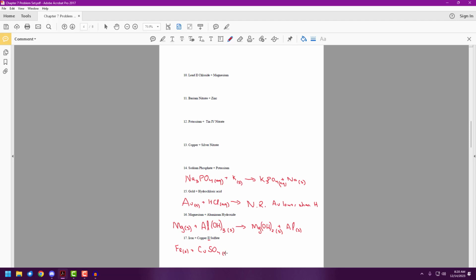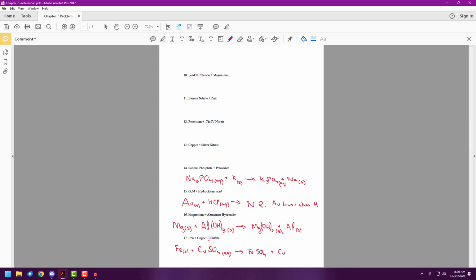And this will be aqueous, it dissolves in water. We check. Iron is above copper on the activity series, so it will replace copper. That means we're going to have iron with sulfate plus copper metal on its own.